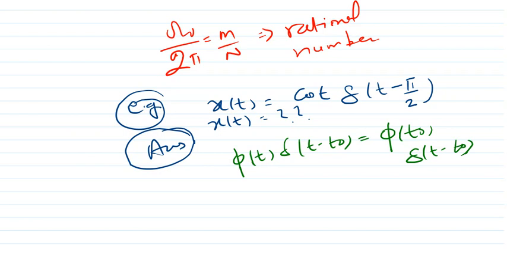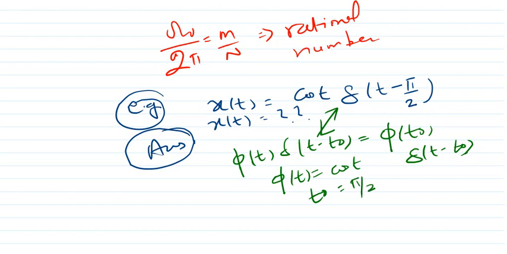Now if we compare this equation with that equation, phi(t) is basically cos t, and t naught is basically pi by 2.